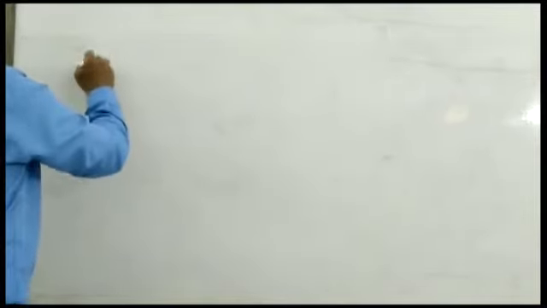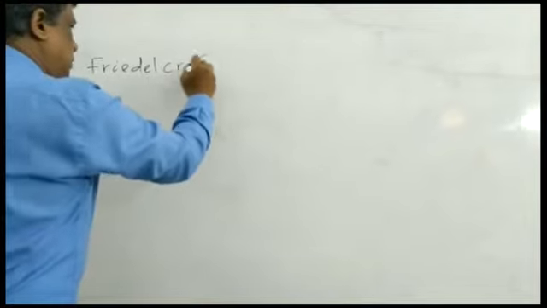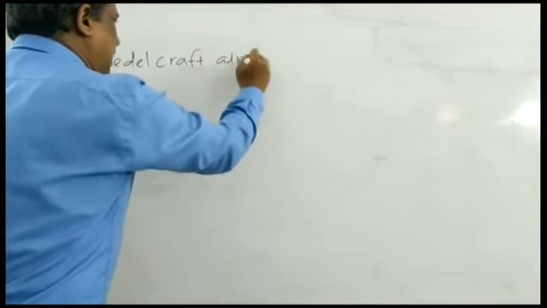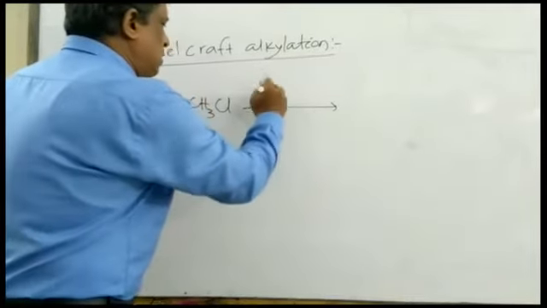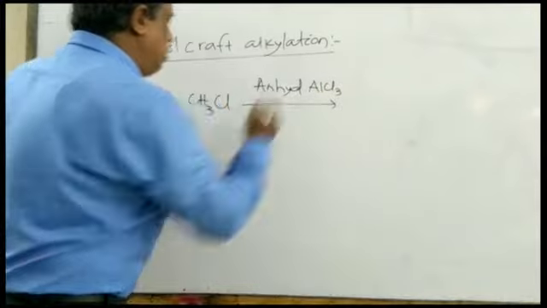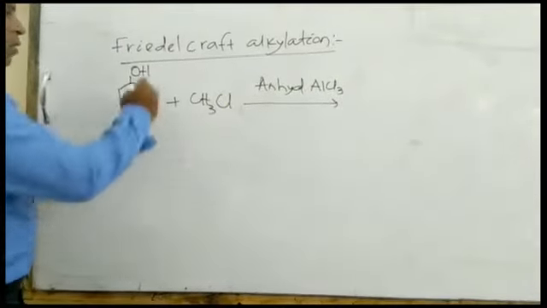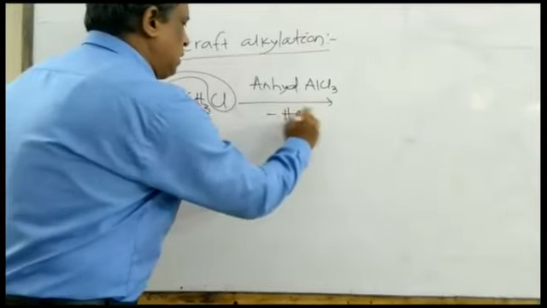Next is Friedel-Crafts alkylation. In presence of anhydrous AlCl3, aluminum chloride, what happens? A mixture, same thing, minus HCl.